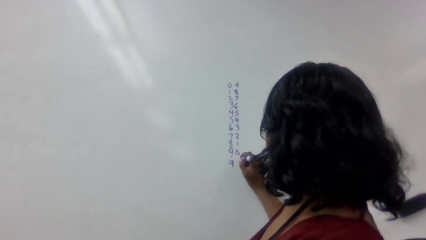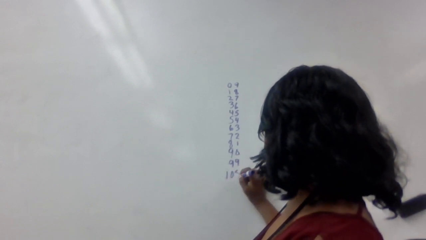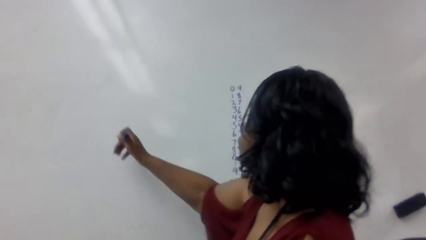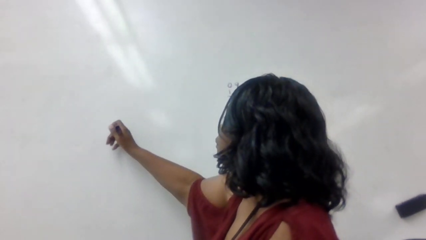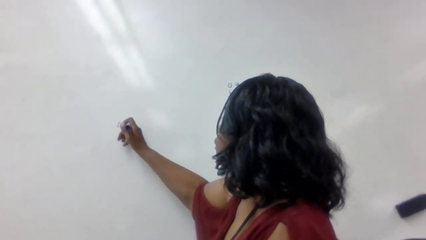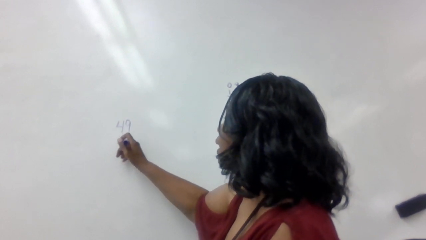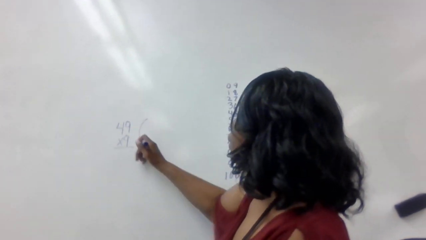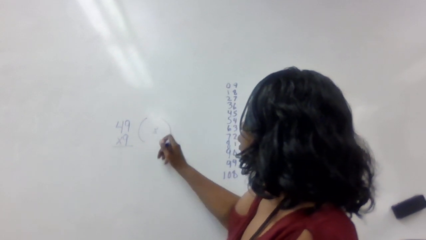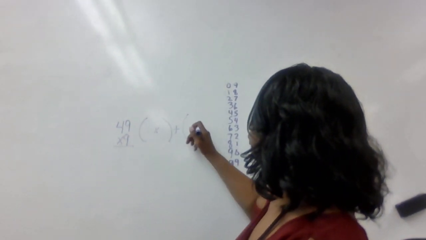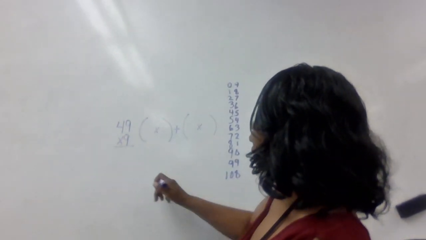Then 9 times 11 is 99. 9 times 12 is 108. So we're going to do 49 times 9. I'm going to get my distributive property, parentheses, made.